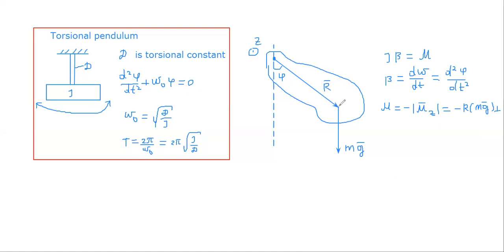So it means the projection of mg on this direction. Here we also have the angle phi.